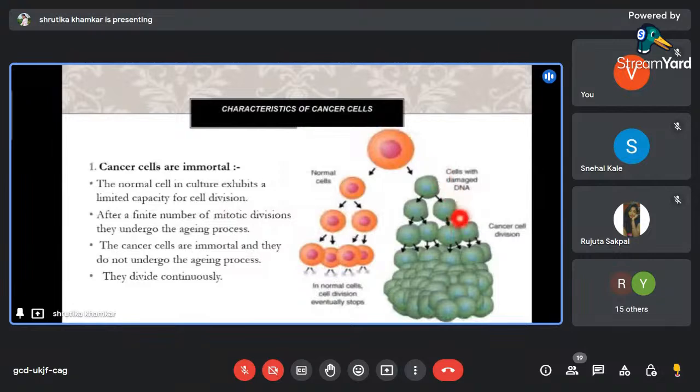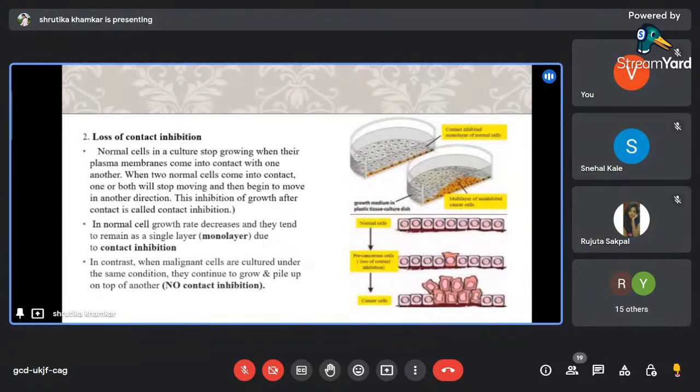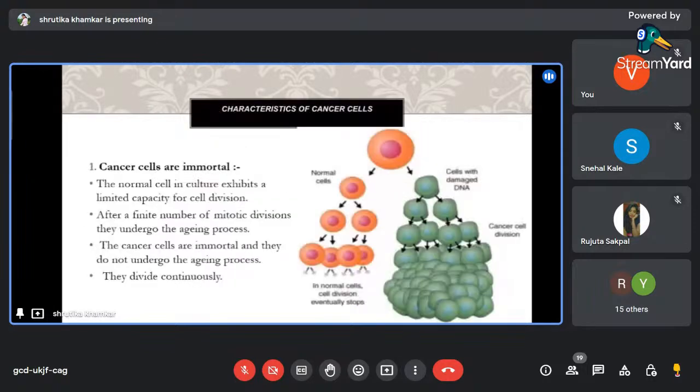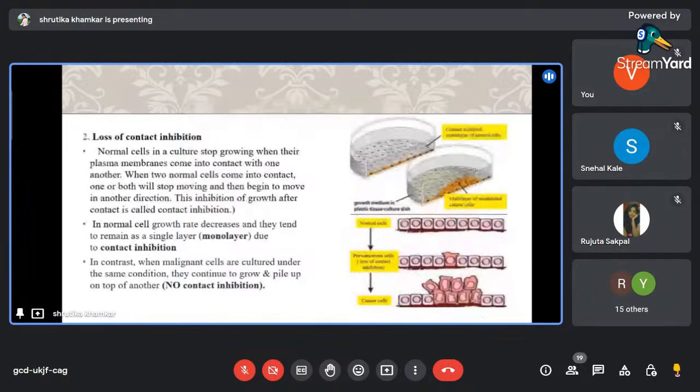The continuous growth is due to the presence of the telomerase enzyme in them, and in normal cells, the telomerase enzyme is absent. The second property is the loss of contact inhibition. Normal cells stop dividing when they contact each other, and this phenomenon is known as contact inhibition.